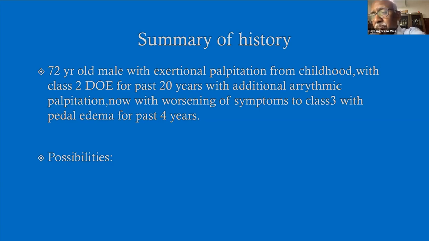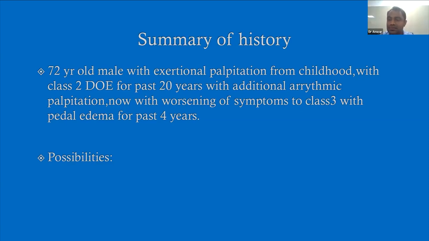Regurgitant lesions. Mitral, okay. Yes, mitral valve prolapse with mitral regurgitation. Okay. Any other possibility? Other than mitral regurgitation, any other possibility? Because we discussed a valvular heart disease. Yes, aortic regurgitation, long history possibility. Aortic regurgitation.